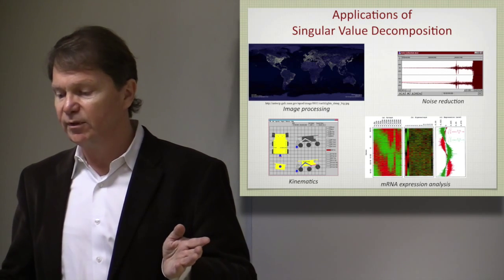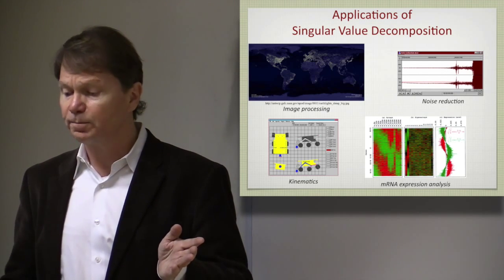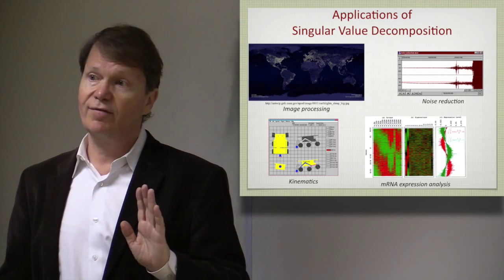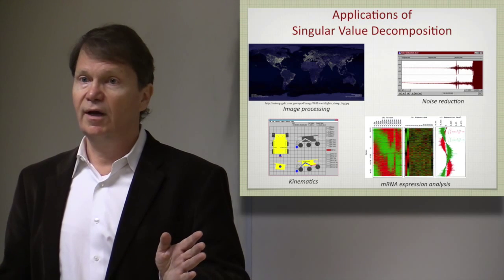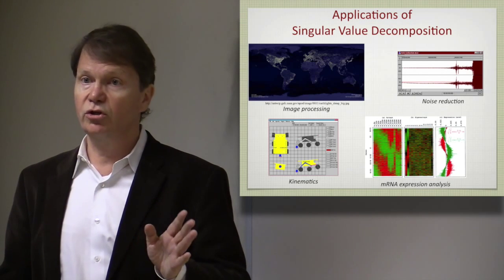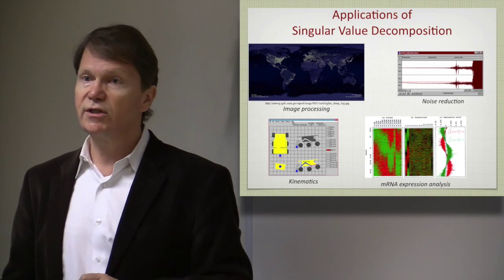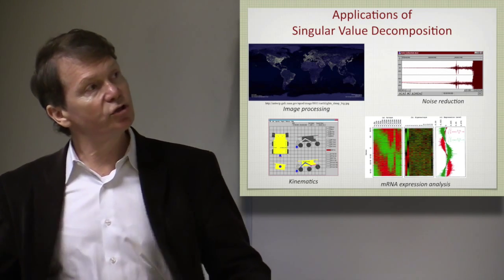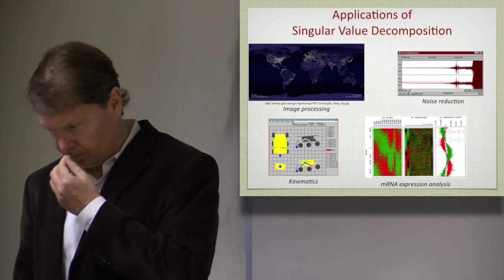This is also a statement of what I think I mentioned before, the fact that omics data sets, although they have a lot of data points in them, are of low dimension because there's such dependency amongst the variables that we are measuring. So those are some applications of singular value decomposition.